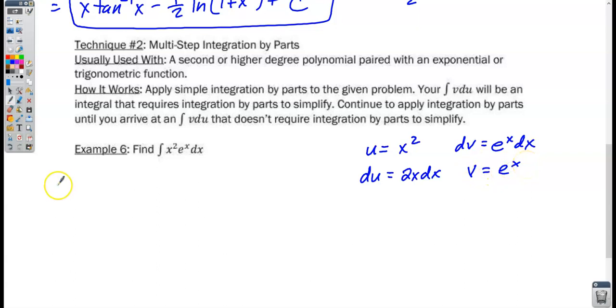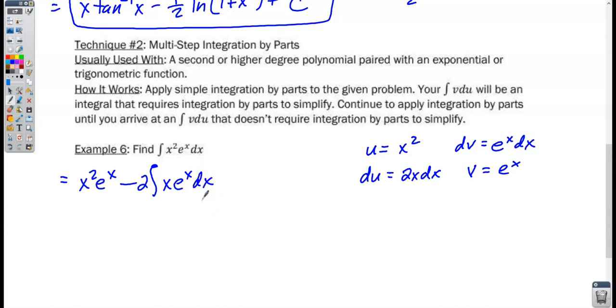And so this is going to be equal to uv, so that's x squared e to the x, minus the integral of v du, 2x e to the x dx. I'm going to factor the 2 out in front here and just make this x e to the x dx.